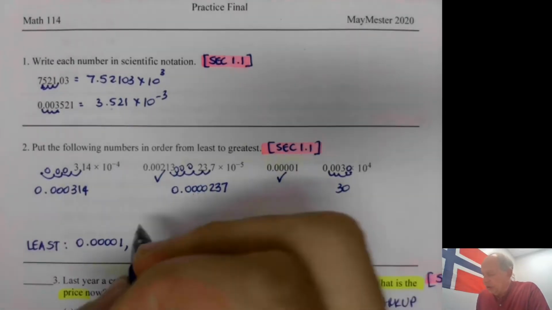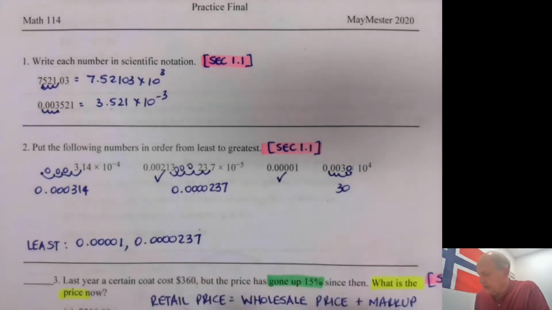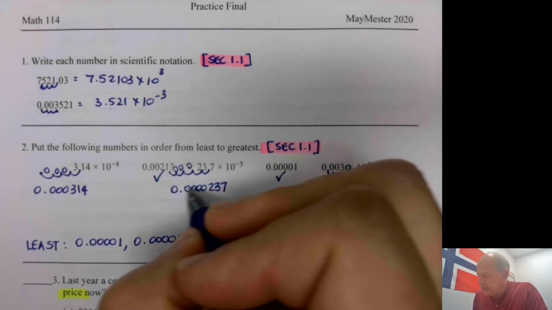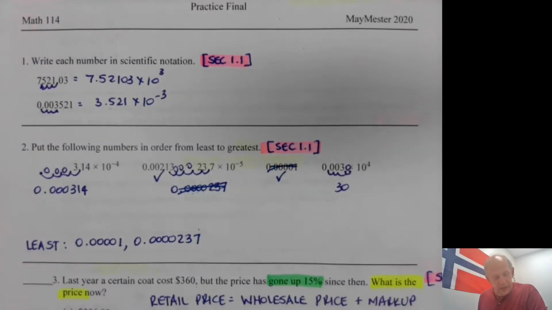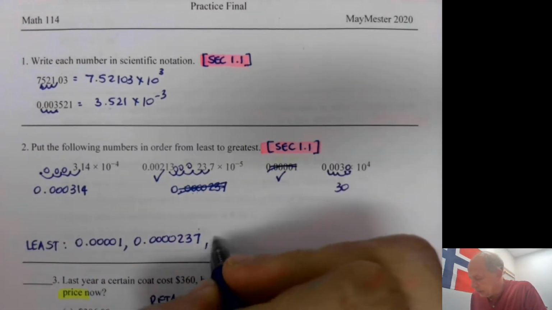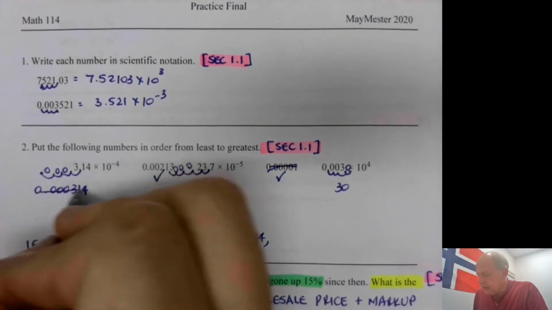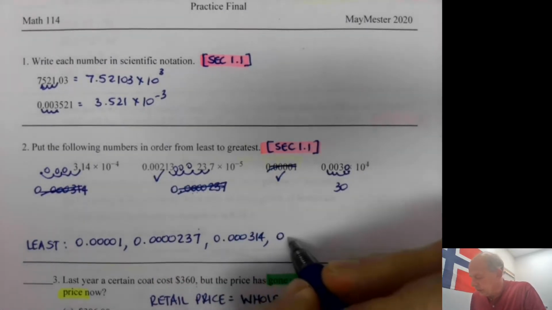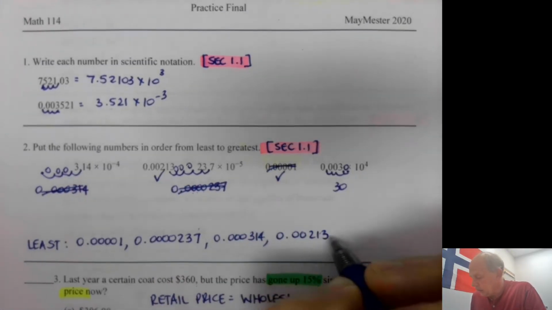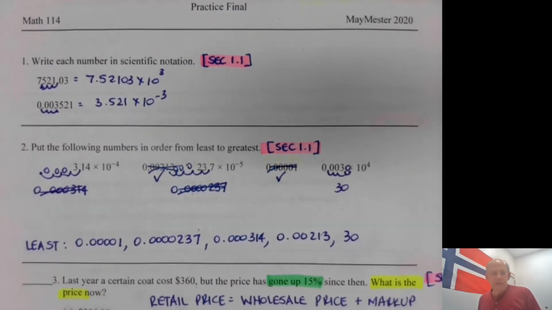There is my smallest number. Then the one with the 4 zeros and the 2 comes next. These two are gone. Then I have one with 3 zeros after the decimal. That comes next. Then I have one with 2 zeros. And then I have this big number, 30, that by far is the greatest value.